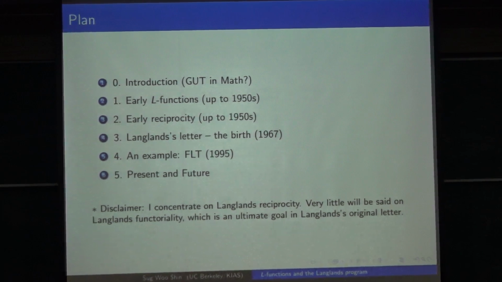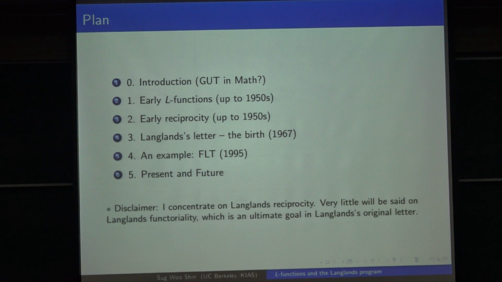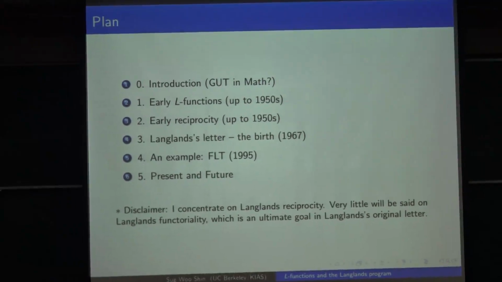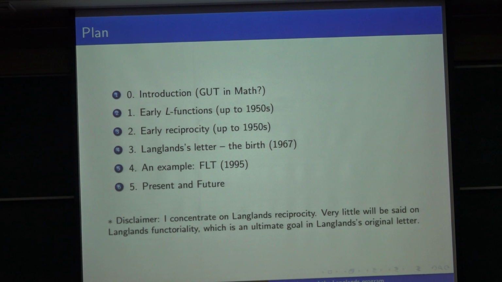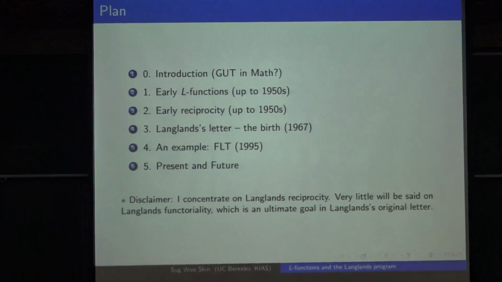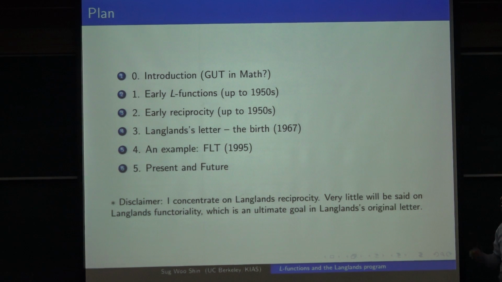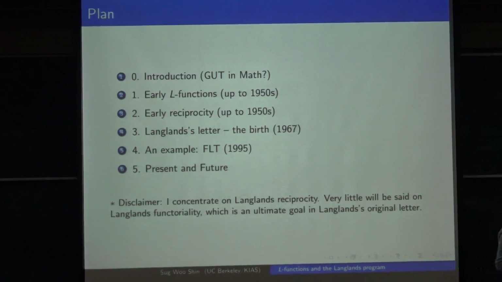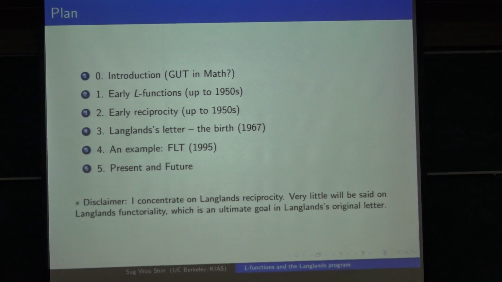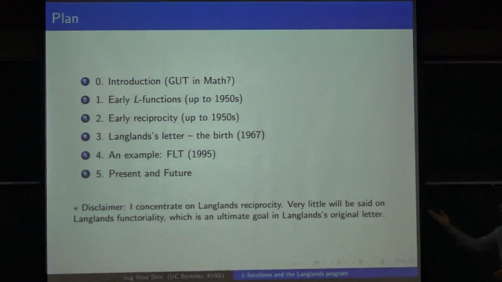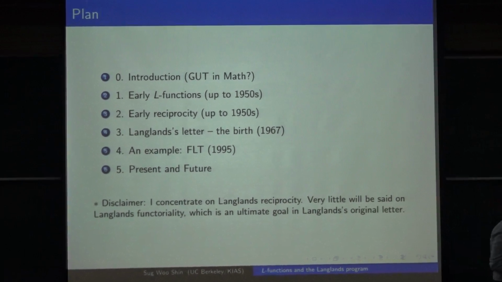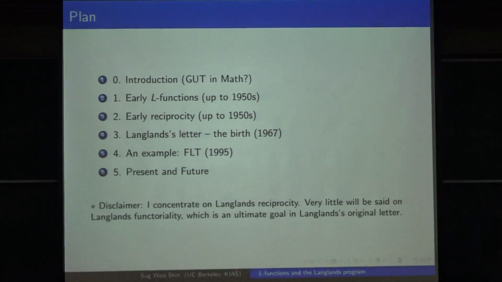In Korean, they say 대통일 이론, but well, it sounds like a bit of exaggeration, but I'll say what that means and why it comes up, and then I'll talk about some histories, like history of L-functions and reciprocity, and then the Langlands program really began in 1967 with the letter of Langlands to the famous mathematician André Weil.